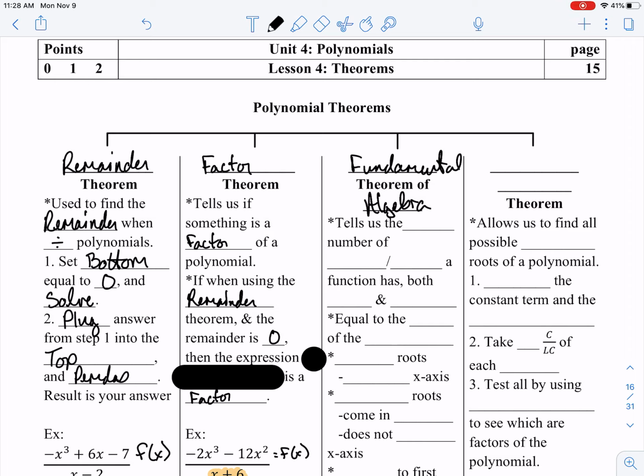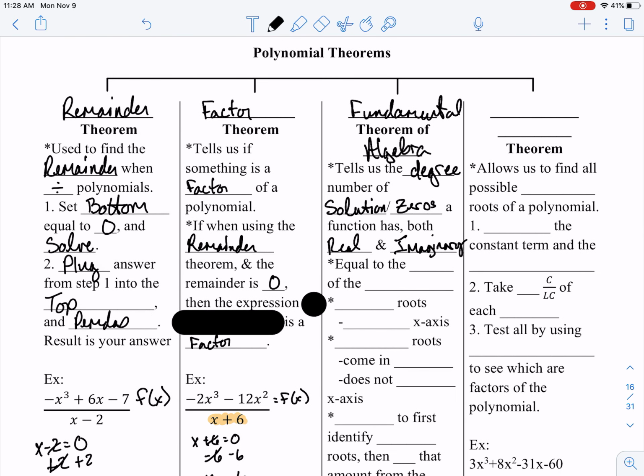Honestly, I think this is probably the easiest one because it tells us the degree of solutions or zeros a function has, both real and imaginary. The reason I like this one the most is because it's simple.